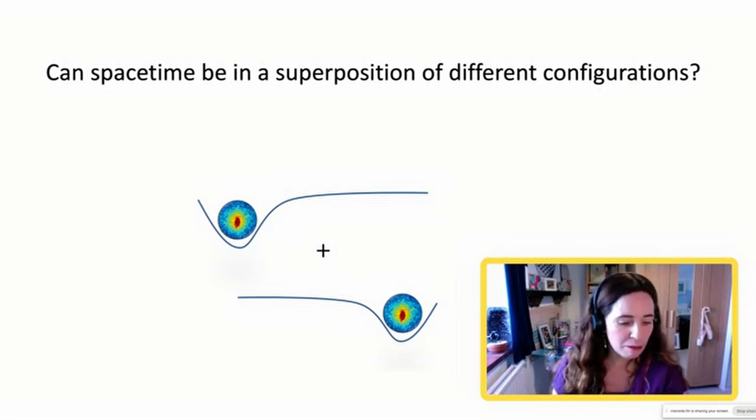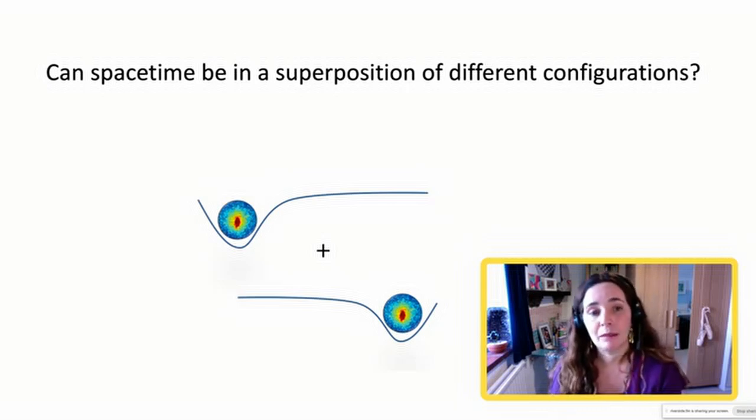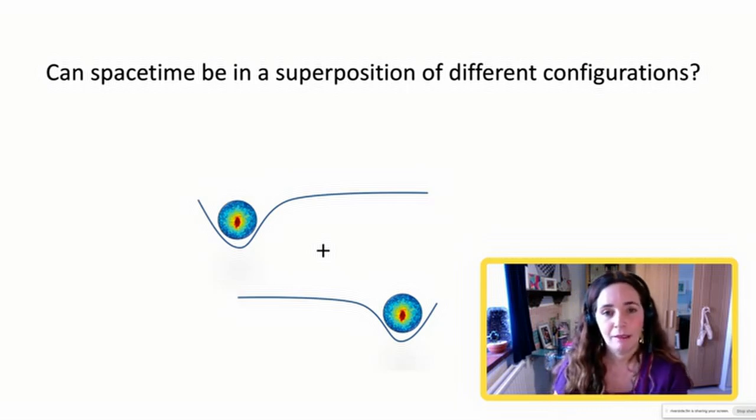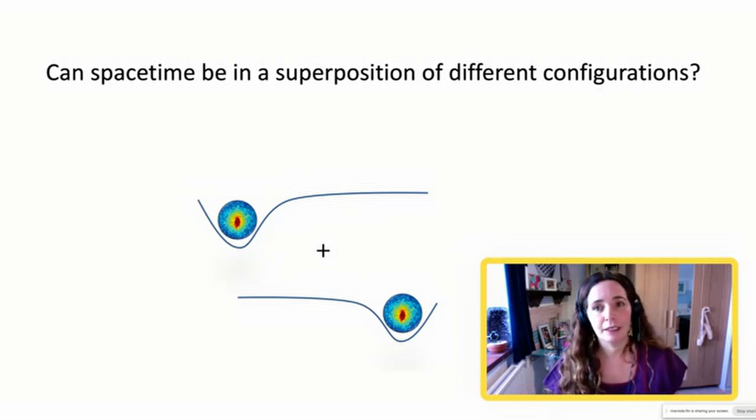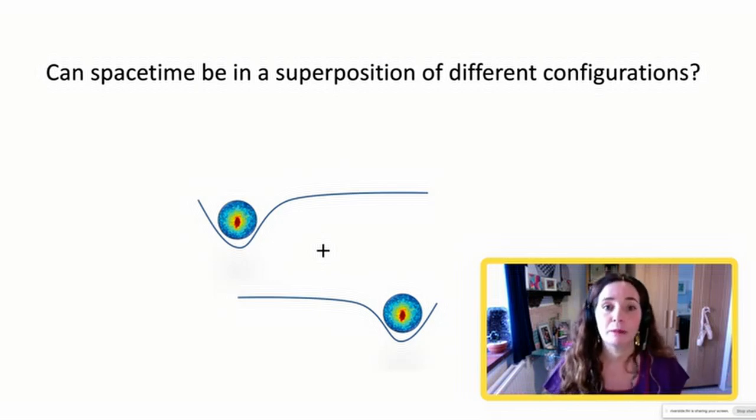I think this is really an interesting and important question because we know from experiments that you can have the electromagnetic field in a superposition. You can take an electron and put it in a superposition, and then you can see that the quantum fields generated are in quantum states.